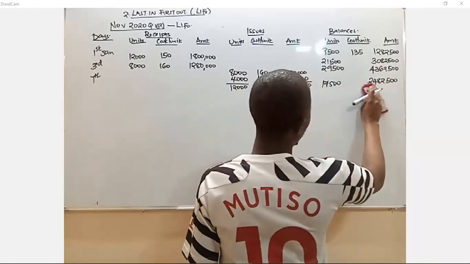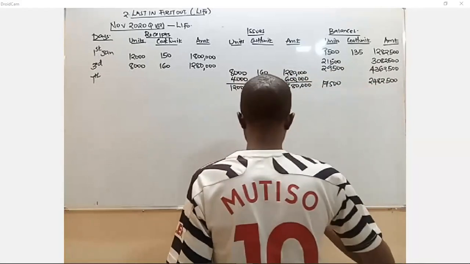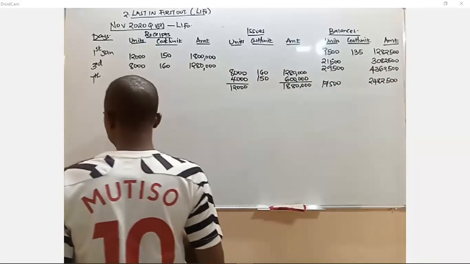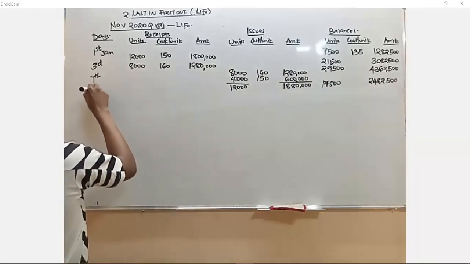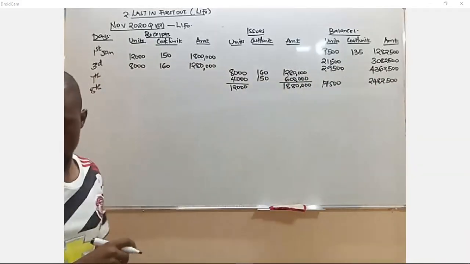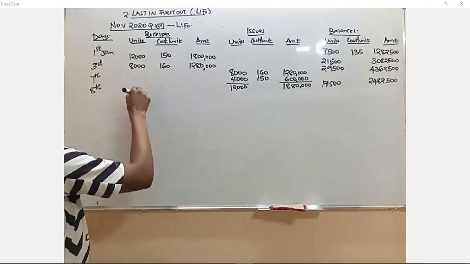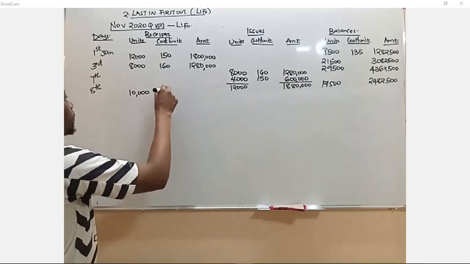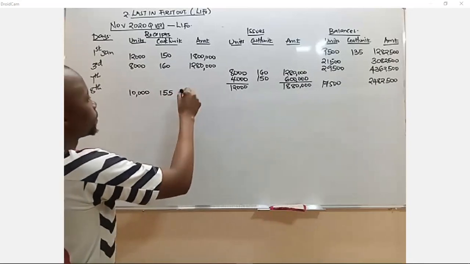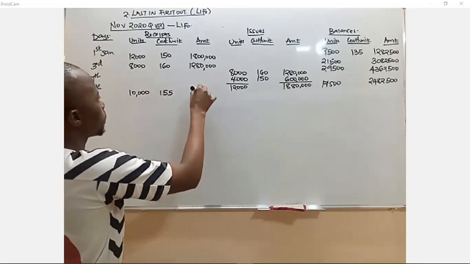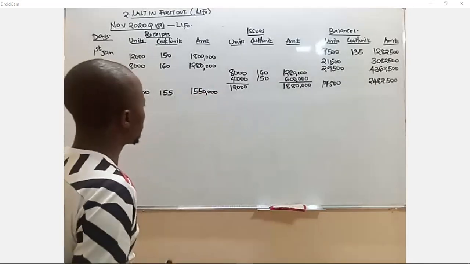When I look on my store ledger card, I can see we have date 8. Date 8. Right? So on 8, we were able to purchase 10,000 at 155, getting 50,000. Take them to the store.